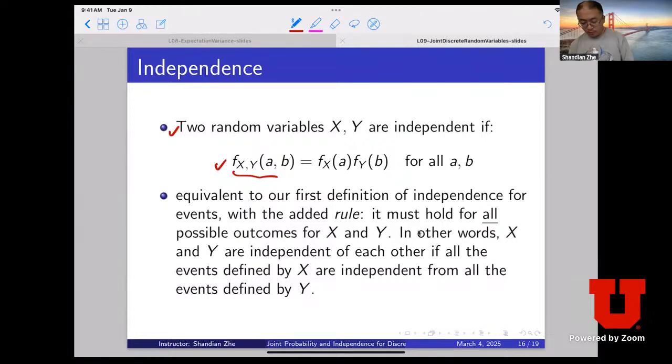Okay, so let me repeat. If the joint density function of X and Y is the product of the marginal density of X and the marginal density of Y at every possible value X and Y can take, then we claim that X and Y, these two random variables, are independent of each other.